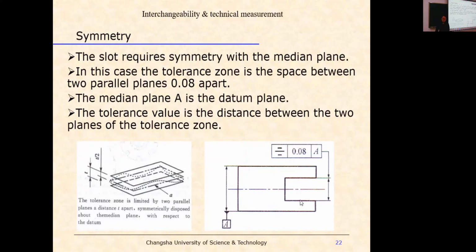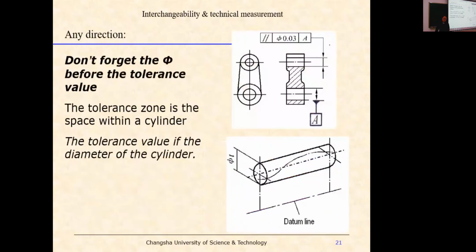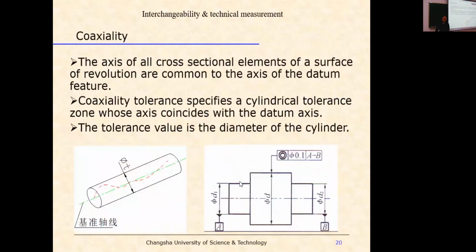Yes. This line means this median plane, because this is not a circle. But what I'm asking, a circle comes out symmetric. Yes. So if the circle is coincident, that is in line with the center line. So symmetric. This one, yes.